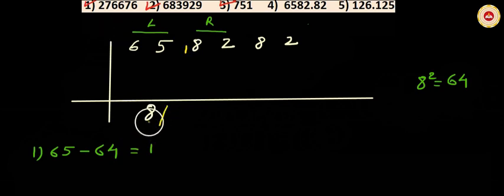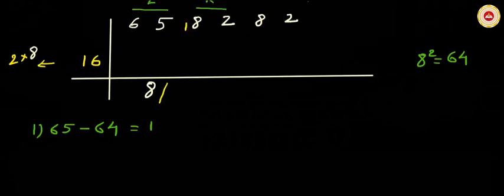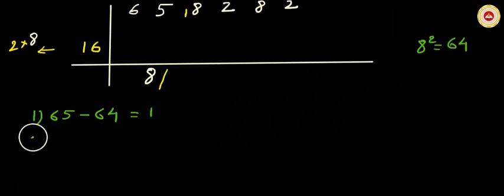Now let us write the divisor. How to calculate the divisor? Very easy. 2 times the first digit. That means 2 multiplied by 8 is 16. How did we calculate this? 2 times the first digit 8. Step number 2 is 18, 1 and 8.